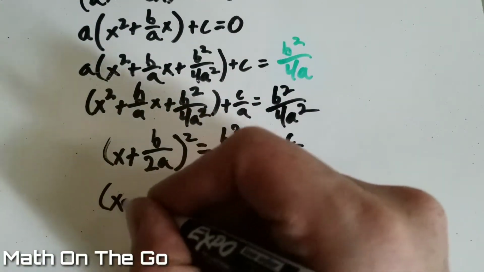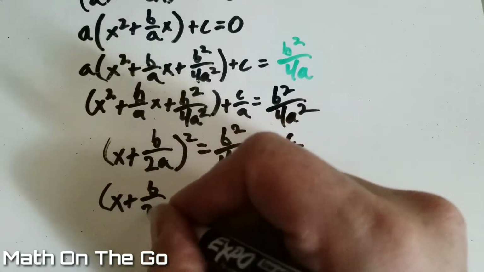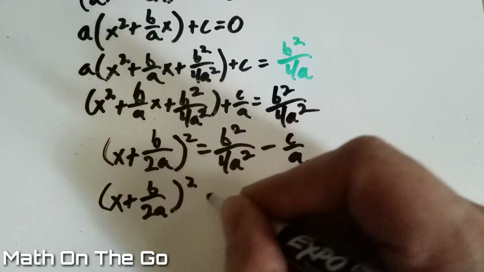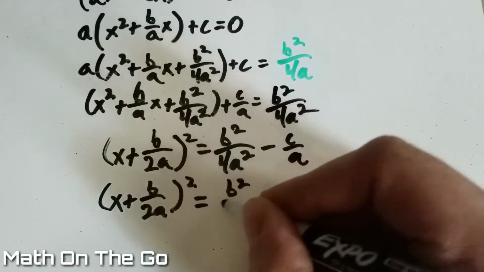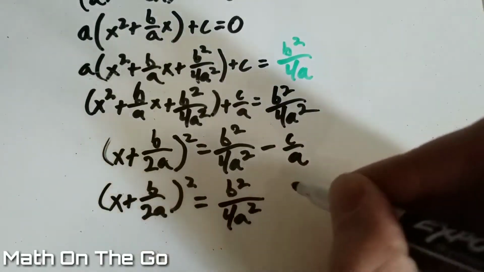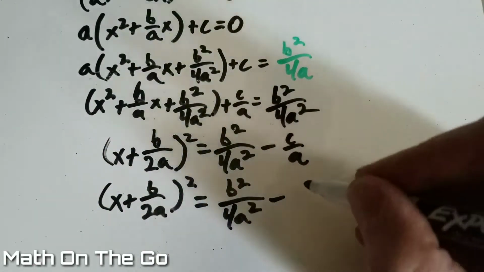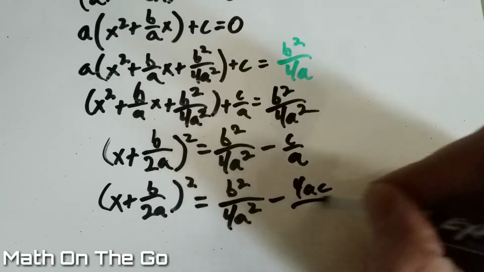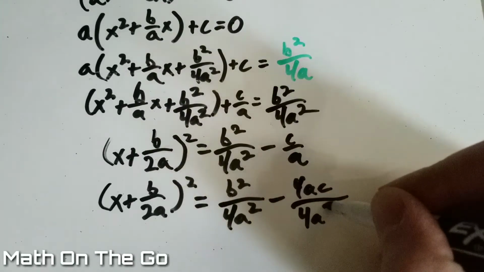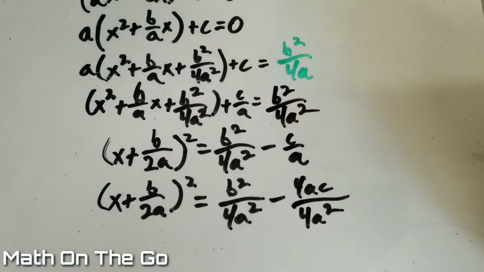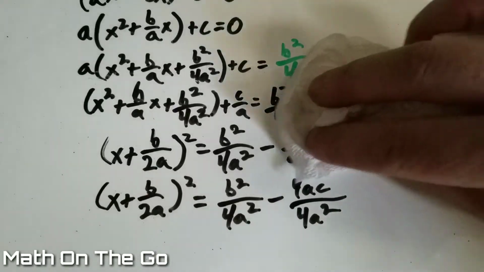We got x plus b over 2a squared equals b squared over 4a squared minus 4ac over 4a squared. Okay? I'm just going to erase everything up above so that we can continue working on this.